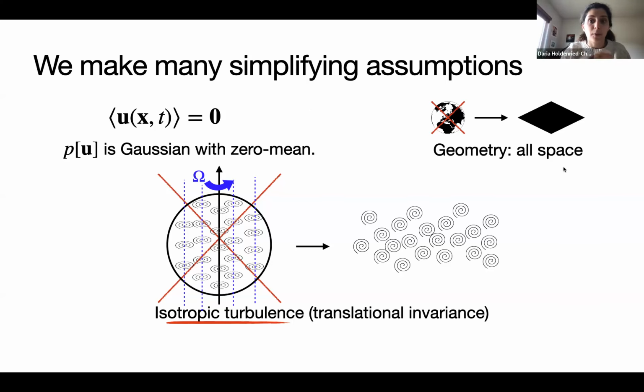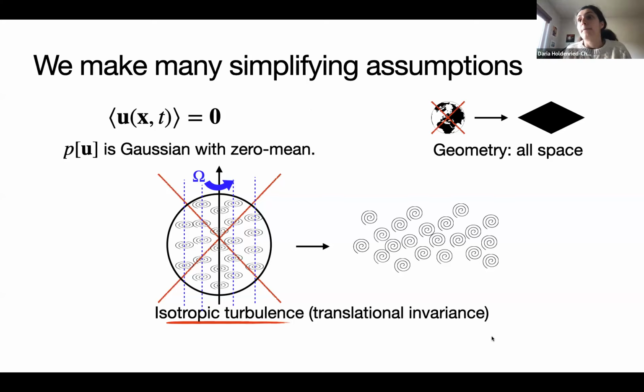We're not working in a sphere, but we're working in all space. Again, of course, this is not the case we have in the core, but qualitatively, it might give us some interesting insights into the problem without the details of the geometry.